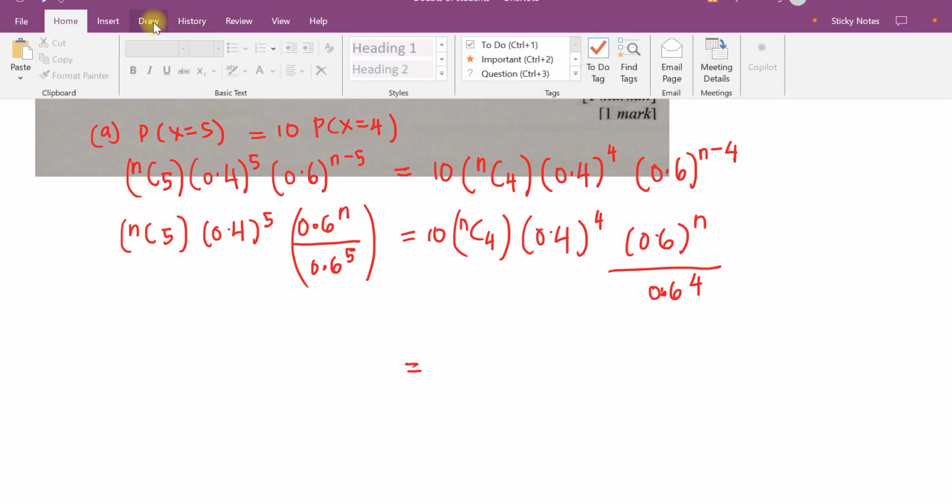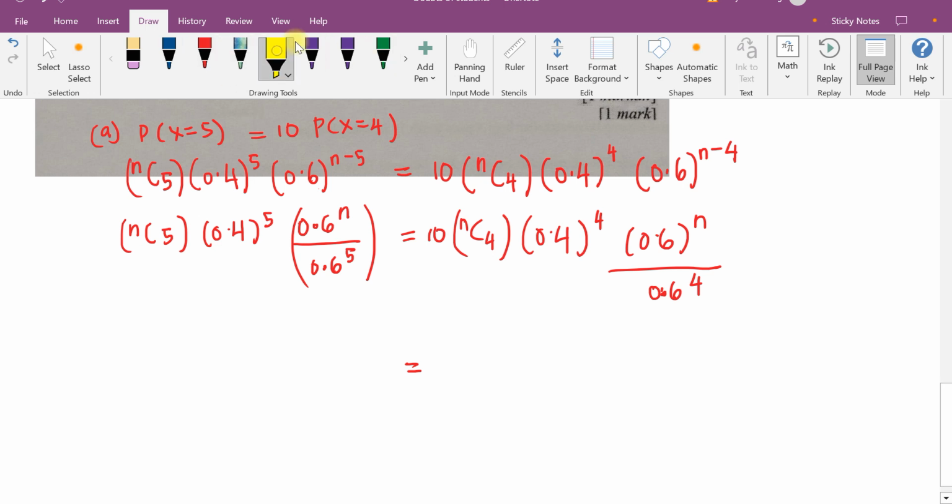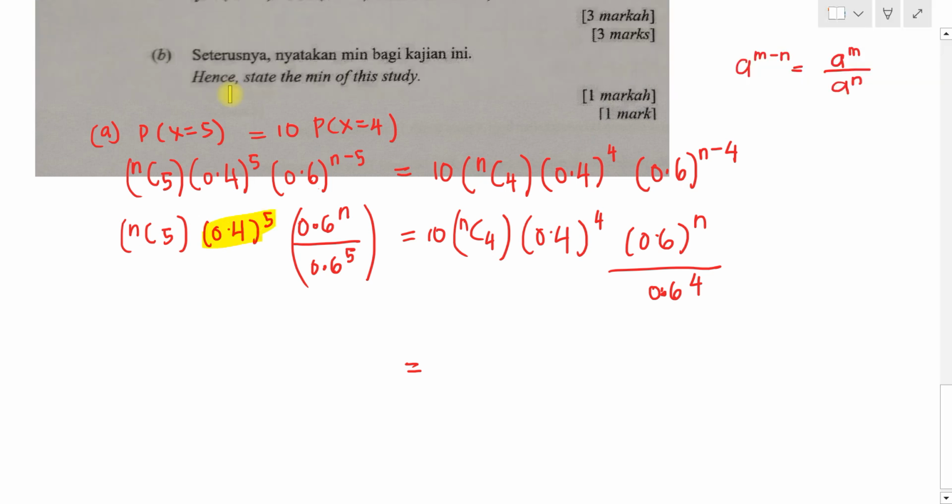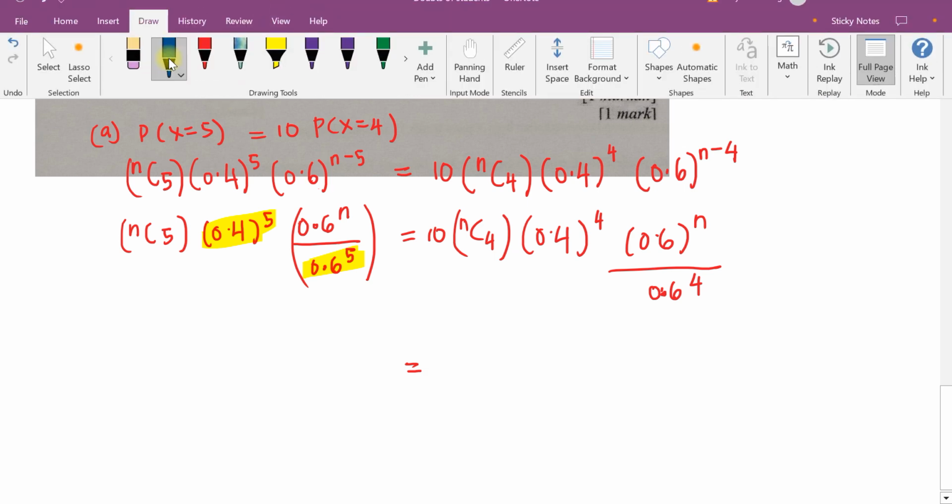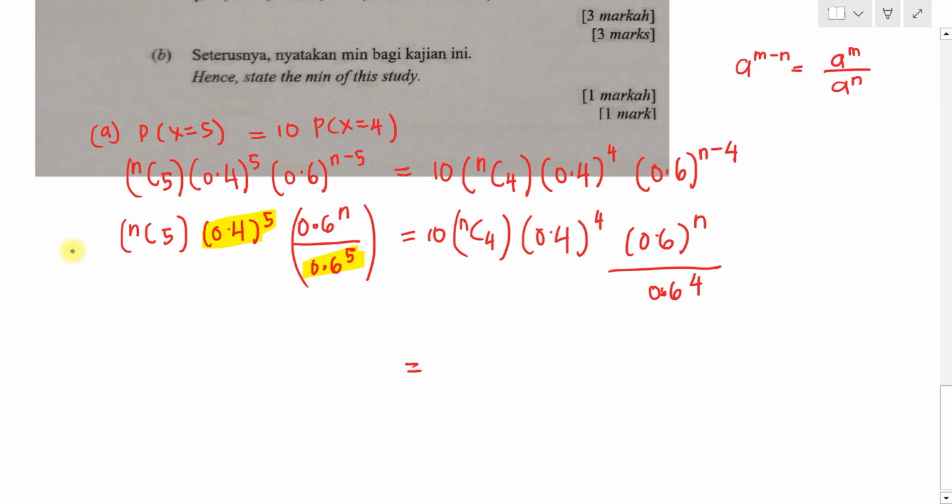What I mean by numerical part is the one where you have numbers. For example, this one, you can calculate. So what do you get? If I settle this one, I get 32 over 243. Okay, 0.4 power 5 divided by 0.6 power 5.